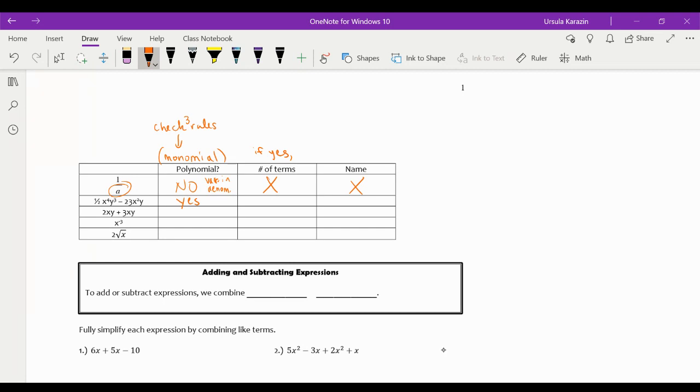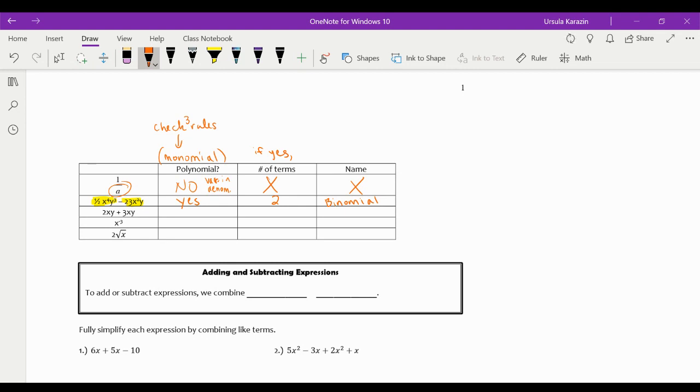The number of terms, well, remember, they are going to be added or subtracted together. So what I recommend is that you highlight or circle everything but the pluses and minuses and see how many things you've highlighted or circled. So see, I did not highlight this minus in between. I just highlighted the two terms. So it has 2. Now, 2 terms means binomial.